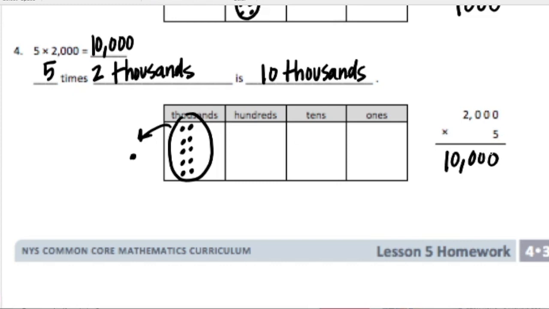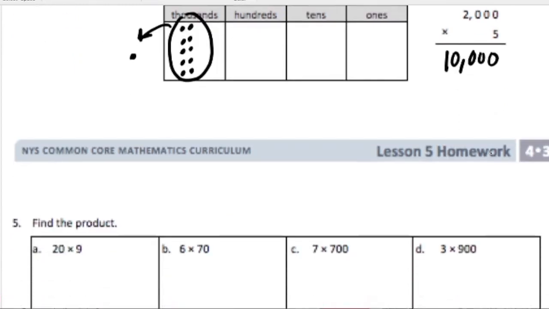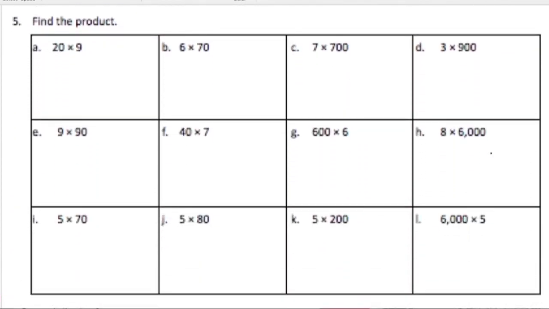All right, feel free to go back and rewind if you still need help with 1 through 4. Now for 5, we're just going to fill in the blank. Now I'm going to rely heavy on the patterns. I'm counting the zeros. So if I do 20 times 9, that's 2 tens times 9, right?